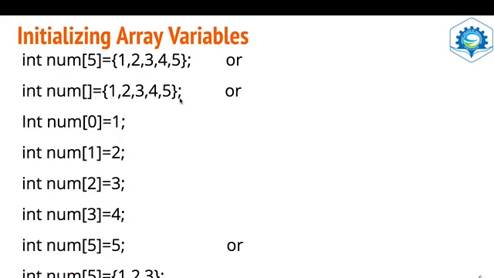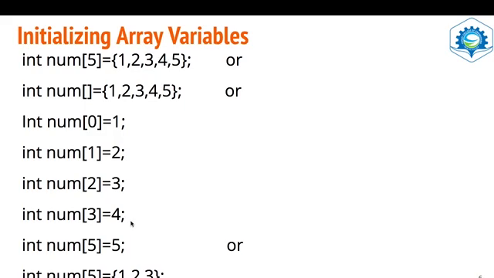It is then clear that we have 5 elements in this array, so we need to reserve an array of size 5. Otherwise, you can follow the method given below also, that is, one by one you can specify the elements. That is another way of initializing array variables.